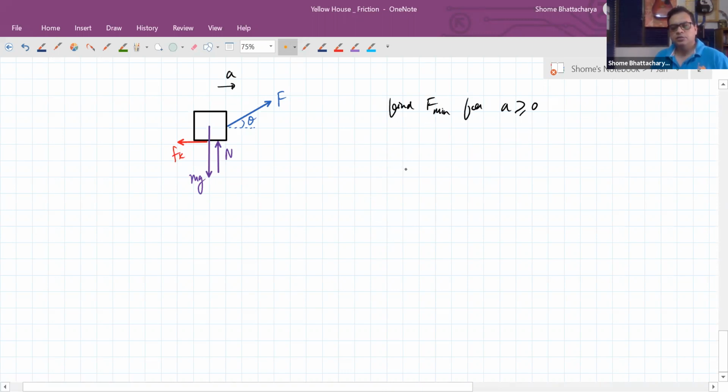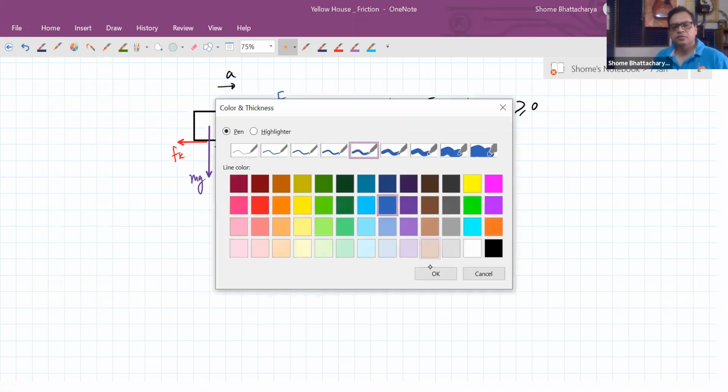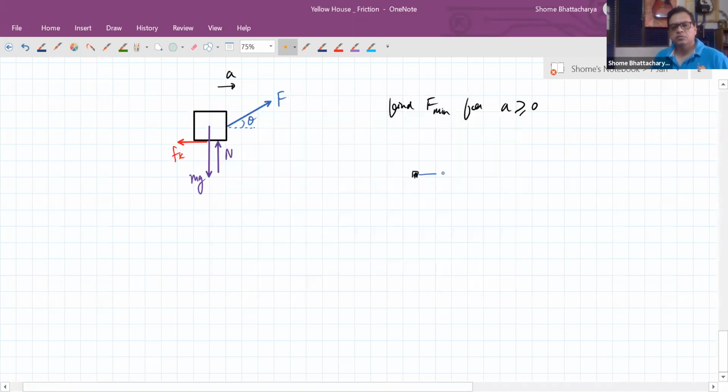So now if you break this down to component forces, you'll see that the components of F become F cos theta, F sin theta. Okay. Then we have normal reaction acting vertically upwards. We have mg acting vertically downwards.